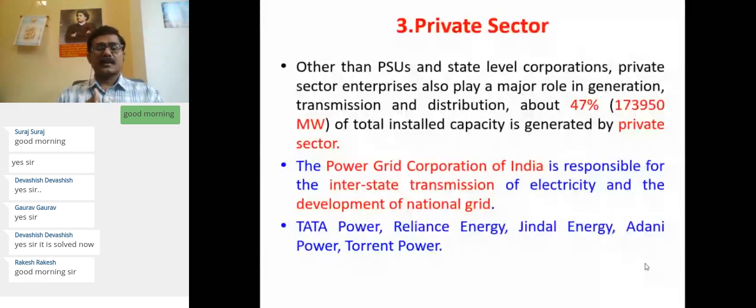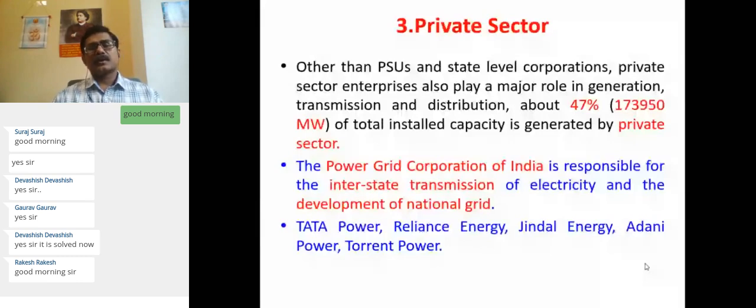Reliance Energy, they have their gas-based power plant at Dahanu. Jindal Energy, they have their plant near Ratnagiri, gas-based rather. Adani Power and Torrent Power. So these are some of the recent private players which are involved in the generation, transmission, and distribution of electrical energy at the state level as well as at the national level.